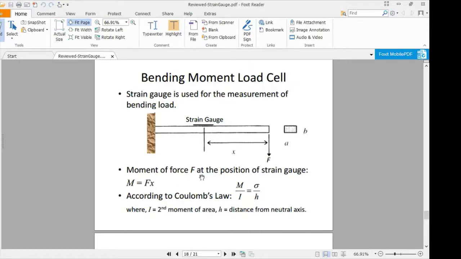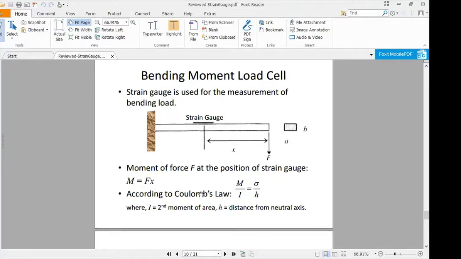And then according to Coulomb's law, the moment divided by the inertia, or I, which is the second moment of area, is equal to the stress divided by h, where h is the distance from the neutral axis.